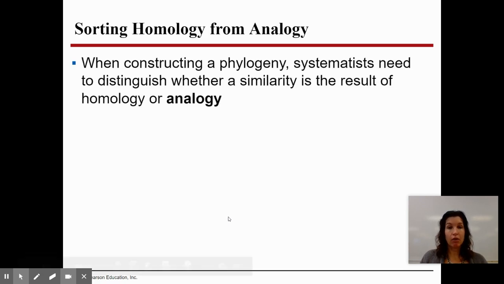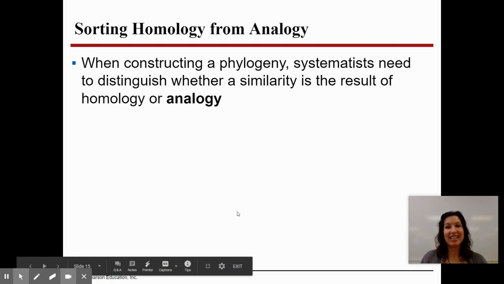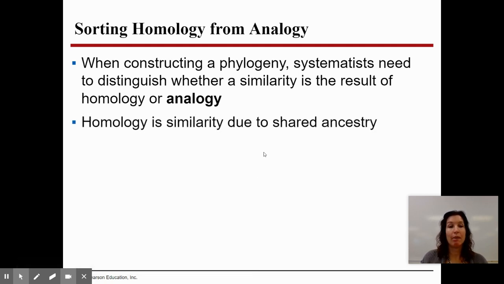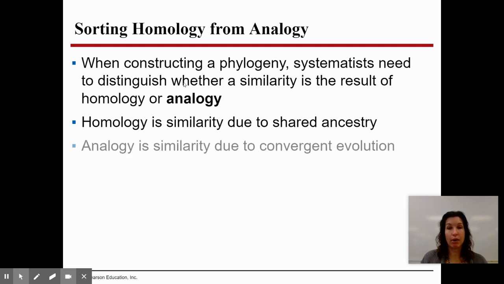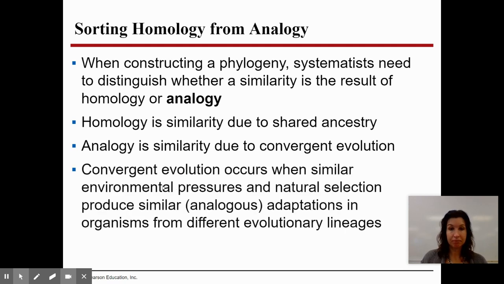When constructing a phylogeny, systematics needs to distinguish whether a similarity is the result of homology or analogy. So remember, homology or homologous structures are similarities due to shared ancestry, but analogies or analogous structures are similar due to convergent evolution, and these analogous structures do not indicate that those organisms are closely related.